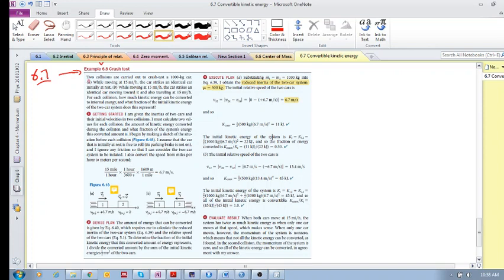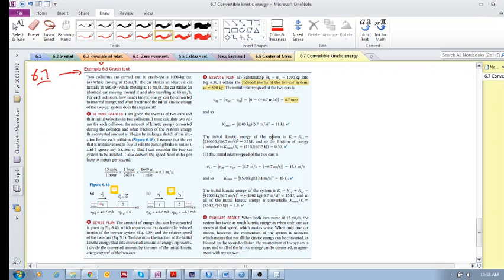Part A: while moving at 15 miles per hour, the car strikes an identical car at rest. Part B: while moving at 15 miles per hour, the car strikes an identical car moving toward it, also traveling at 15 miles per hour.